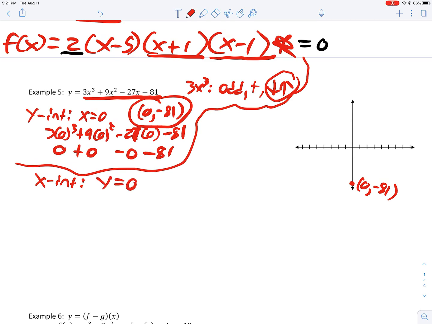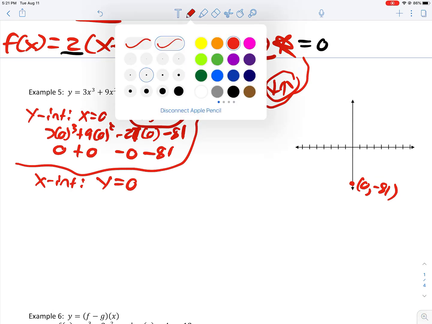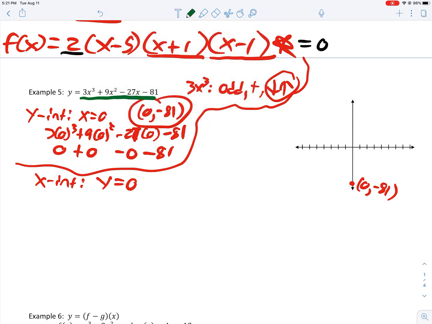Now, in order to figure out what the x-intercepts are, we have to factor this. Well, it's 4 terms, so we're going to factor by grouping. So I'm going to group the first 2, I'm going to group the second 2. So the first 2, I can factor out a 3x squared.